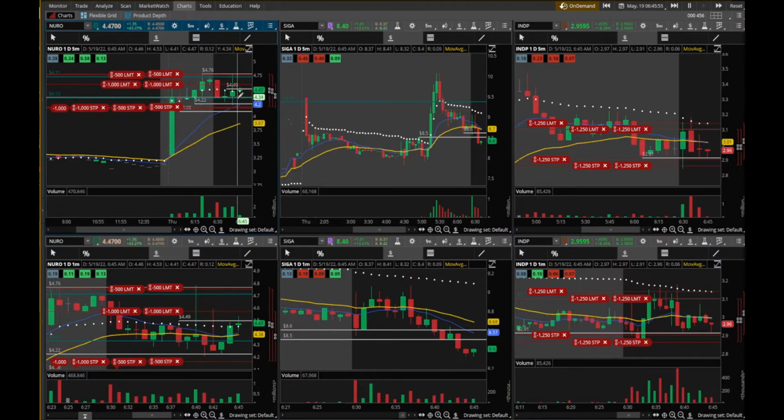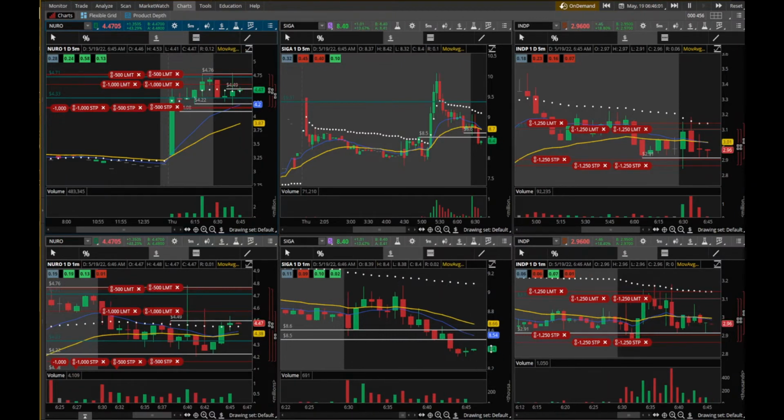See, these candles have not been able to close below the daily. Really struggling here in that 450s area.